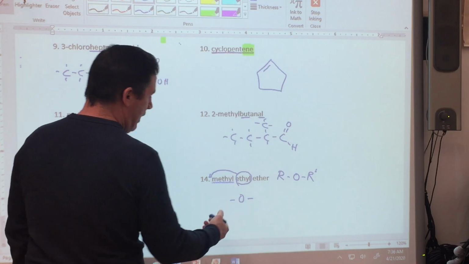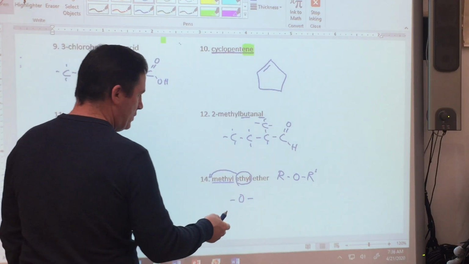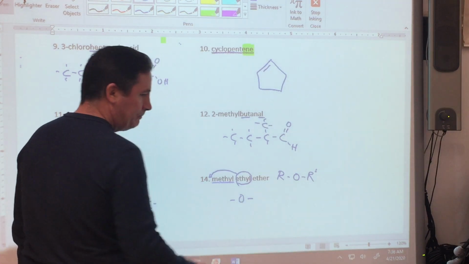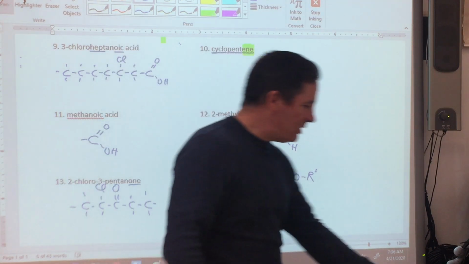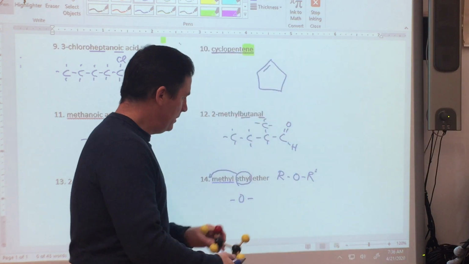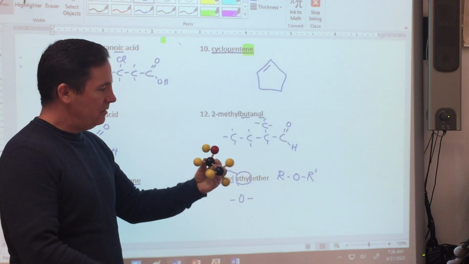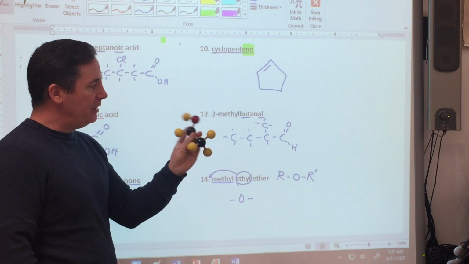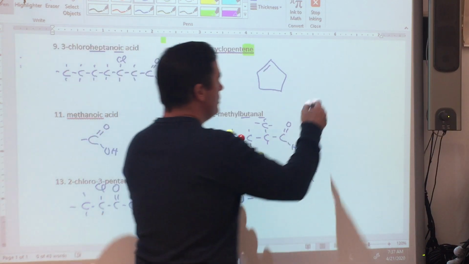Now, it's worded ethyl methyl ether. That's what it's supposed to be, but it doesn't really matter. You can put them on either side since it's this type of situation. It's drawn like this, but it's the same molecule, I'm just flipping it around. Let me just draw this quick.